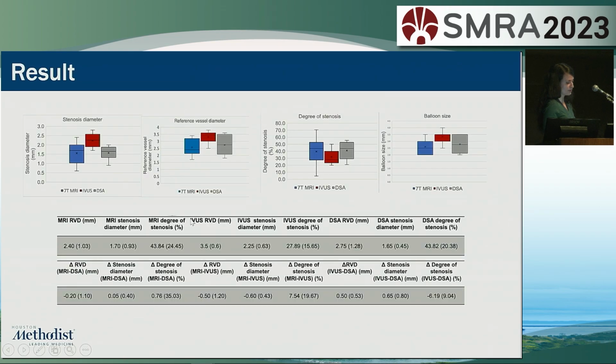So in summary, our results showed that MRI, IVUS, and DSA correlated pretty well regarding stenosis diameter, reference vessel diameter, degree of stenosis, and balloon size. However, it's worth mentioning that MRI tended to be more similar to the measurements with DSA and was slightly lower than the measurements with IVUS.